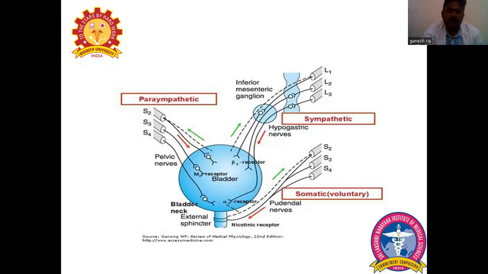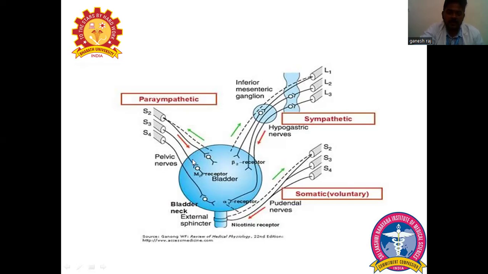The sympathetic nerves come from the L1, L2 segments and are called the hypogastric nerve. And the parasympathetic nerves come from the S2, S3, S4 segments of the spinal cord, and they are called the pelvic nerve. So these pelvic nerves and hypogastric nerves act as motor nerves for the detrusor and internal urethral sphincter.